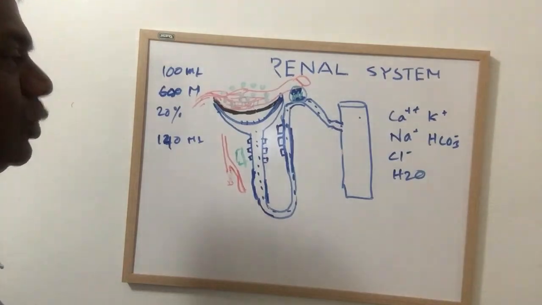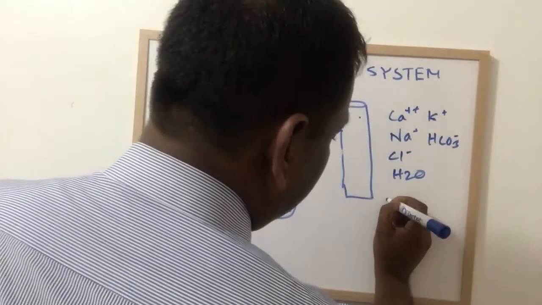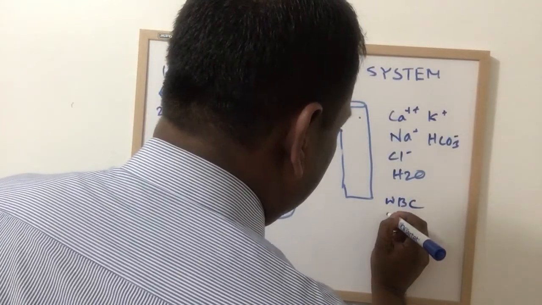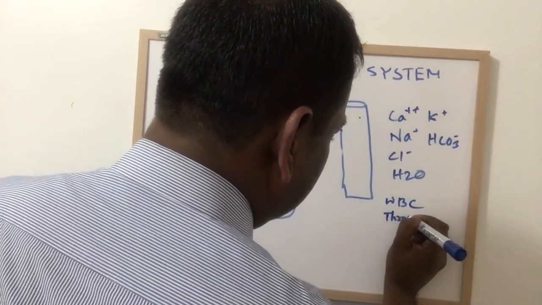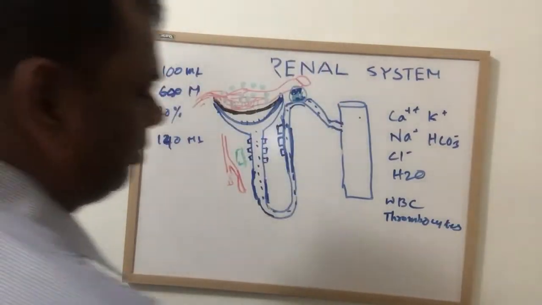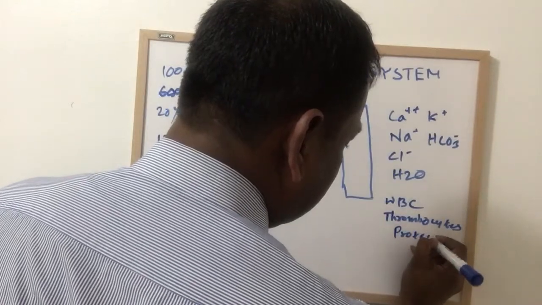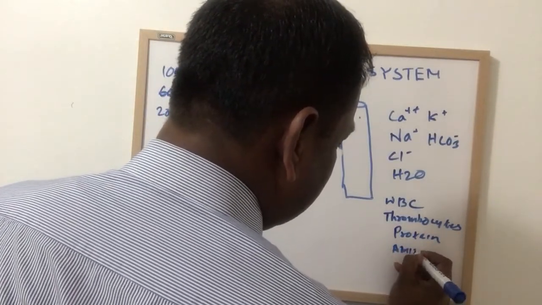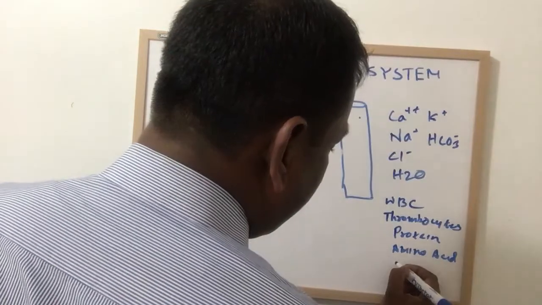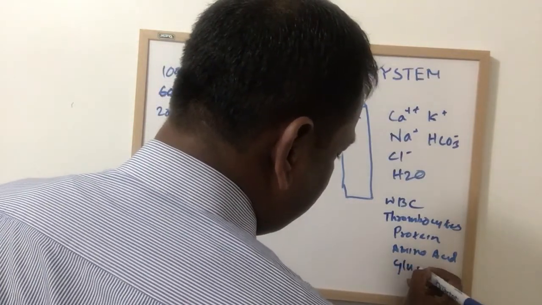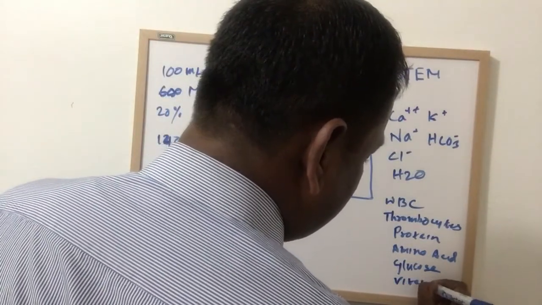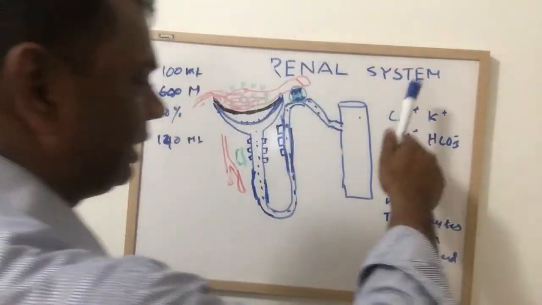Those molecules come, WBC, thrombocytes, protein, amino acid, glucose, vitamins, electrolytes, all those come here.